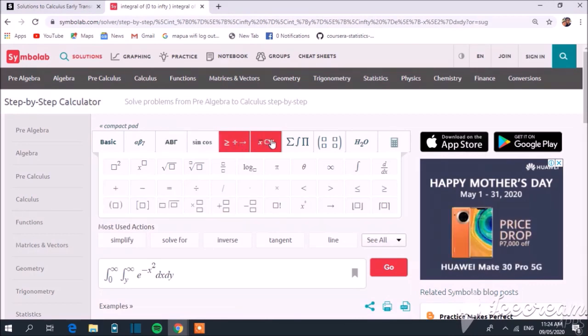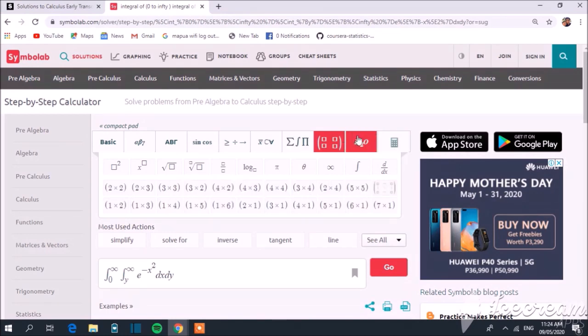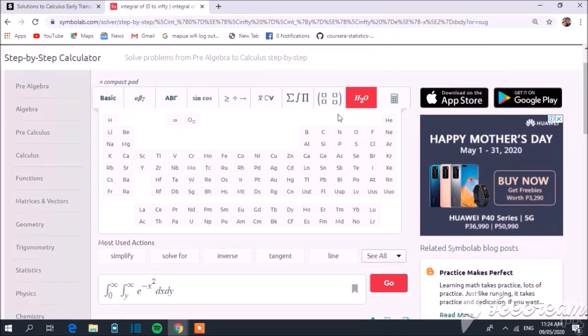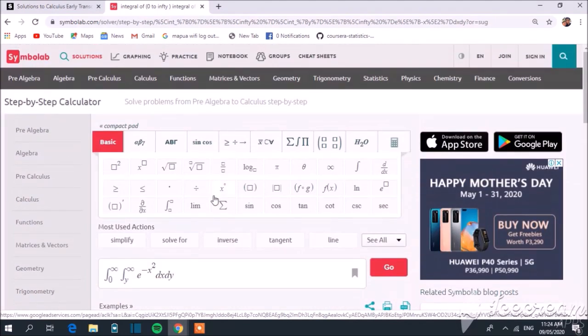I know personally I haven't explored the full capabilities of this site yet, but it really is amazing. Here is a periodic table of elements, and there's a basic calculator. Anyways, so that's that. Really useful.